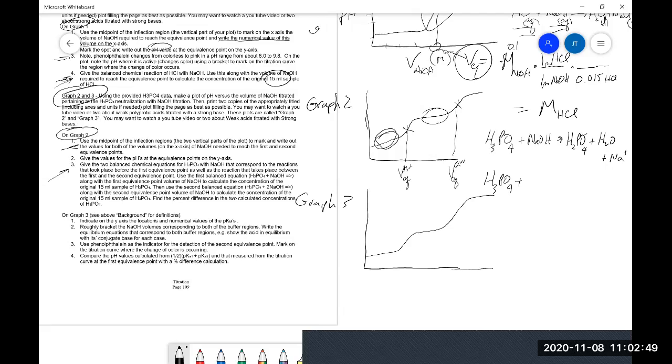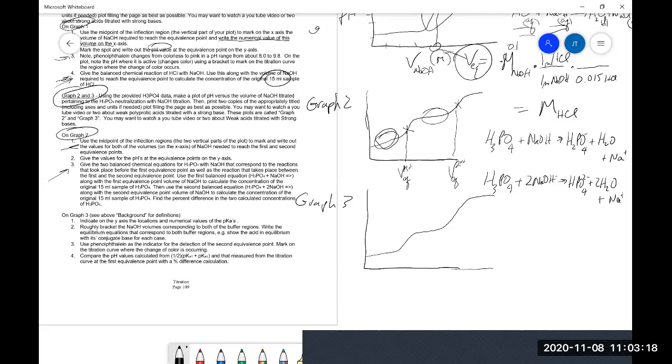H3PO4 plus 2 NaOH goes to HPO4 2 minus plus 2 H2O plus Na plus. So there I have my two reactions taking place to get me to the first and then the second equivalence point.